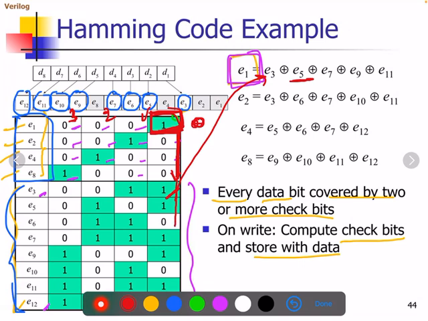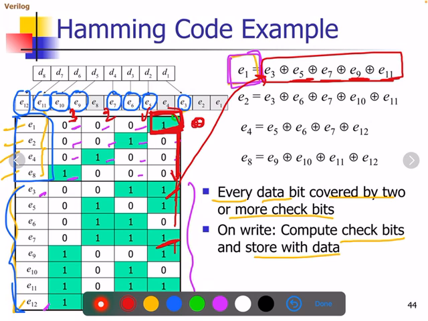Similarly, E7 contains 1, that's why XOR with E7. Similarly E9 has been taken there. E11 also contains it, but not E12. So these bits are taken and XORed with each other so that we get E1.